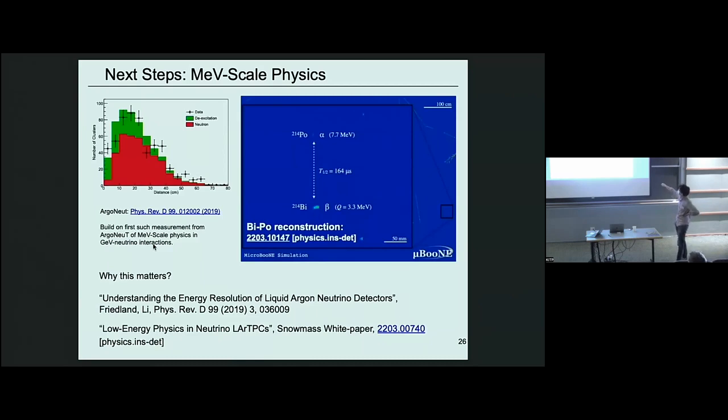And one thing I'll just highlight before ending on this topic is we just released a paper. It's an instrumentation paper related to measuring radon contamination in the detector, but it's the first paper in MicroBooNE that uses our MeV scale energy reconstruction.